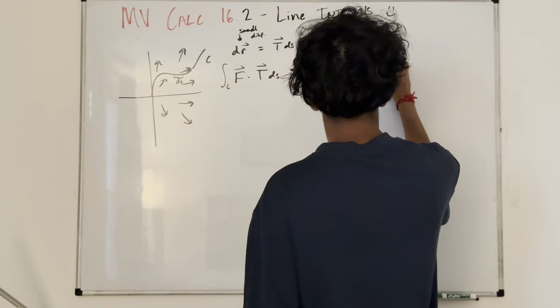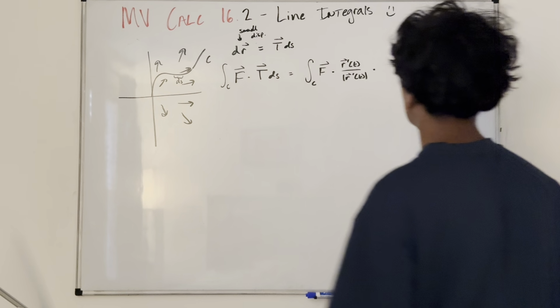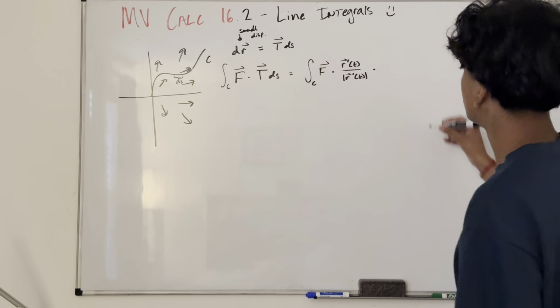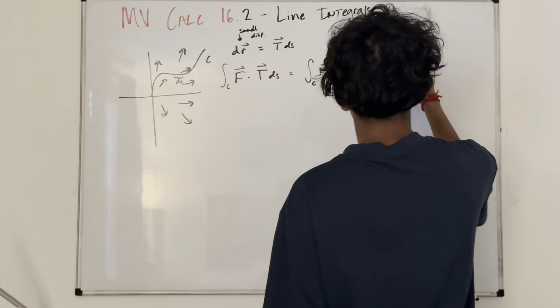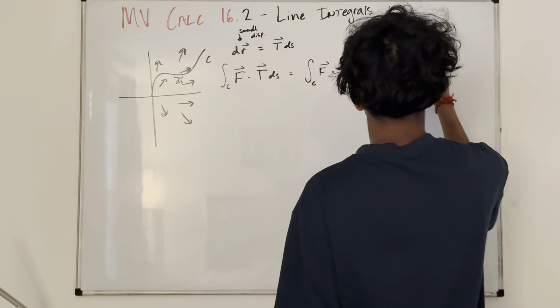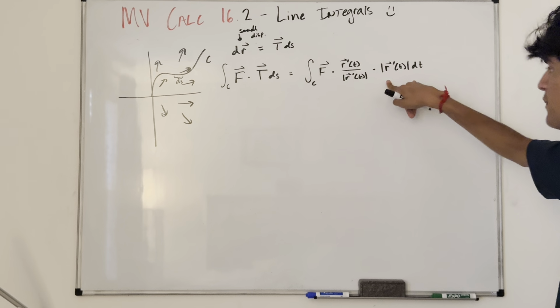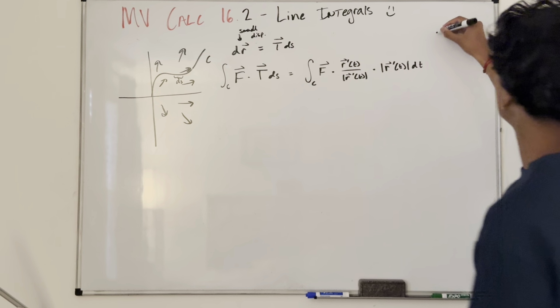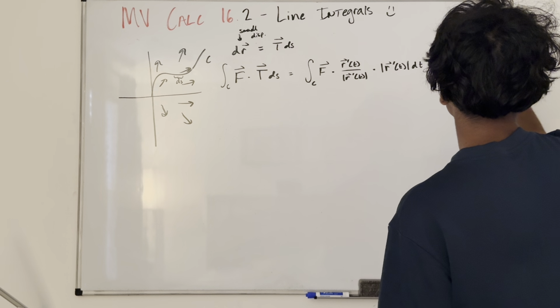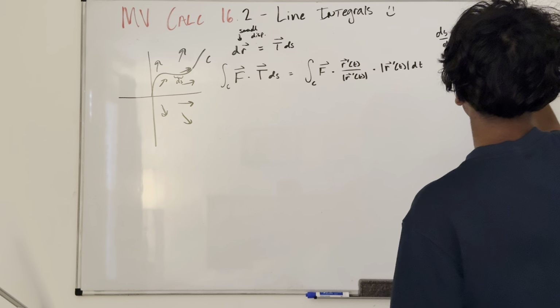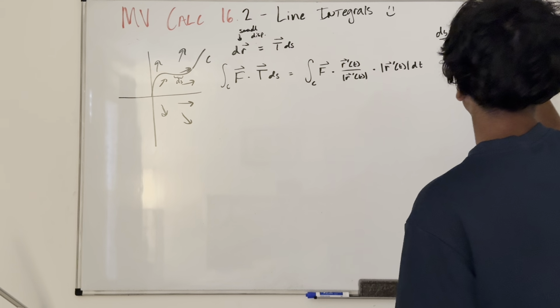And what is ds? Well, here's the deal. We know ds is really just the magnitude of r prime of t dt, right? The speed times time, or the magnitude of displacement times time. Because we know ds/dt would be the magnitude, and you can multiply both sides by dt.